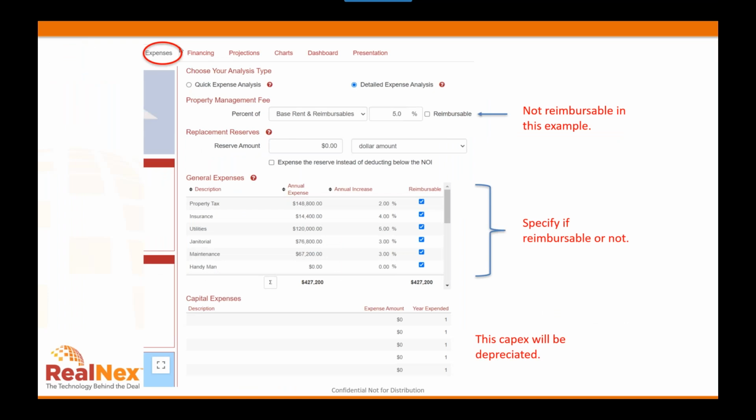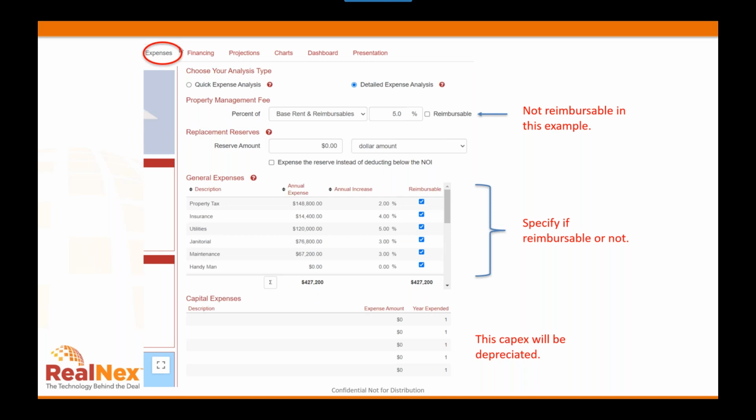Then we talked about the expenses that you need to put in, even if you're going to have some of those reimbursed. For each of the expenses, you would indicate if they're reimbursable or not. So, for example, the property management is oftentimes not reimbursable.